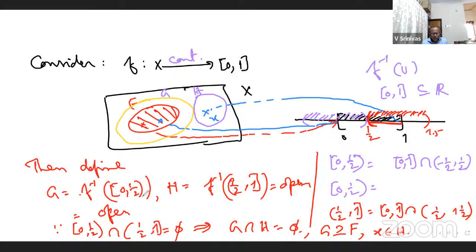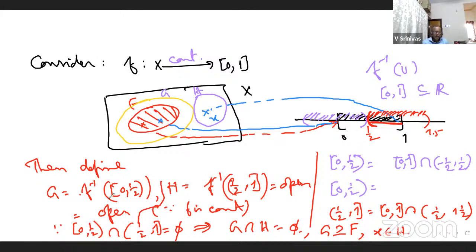Okay, so if you take these open sets, semi-open intervals 0, half and half, 1, these will be disjoint. Okay, and these are open in the subspace topology of this closed interval, and therefore their inverse images will be open because your F is continuous. Therefore, inverse images of these open sets will be open, right?